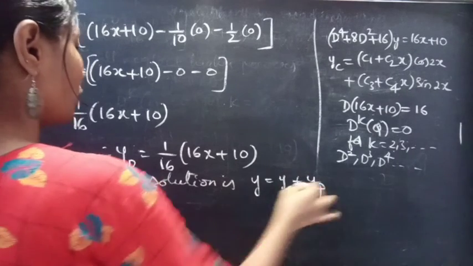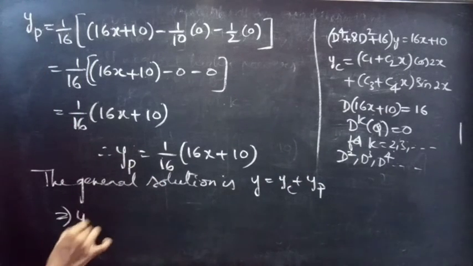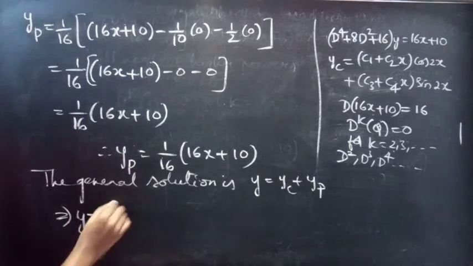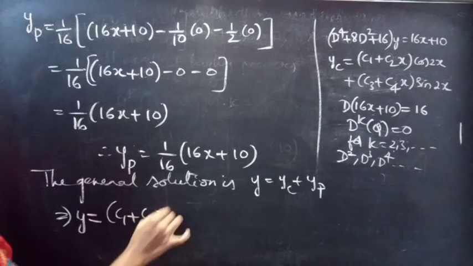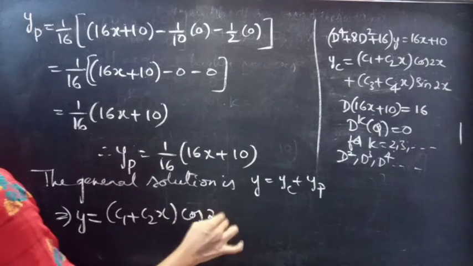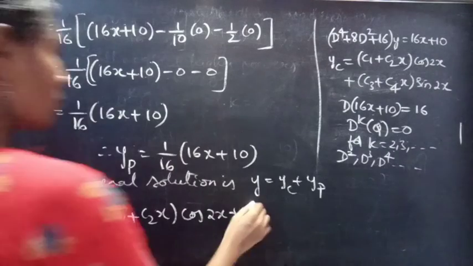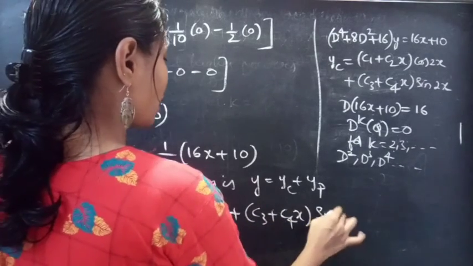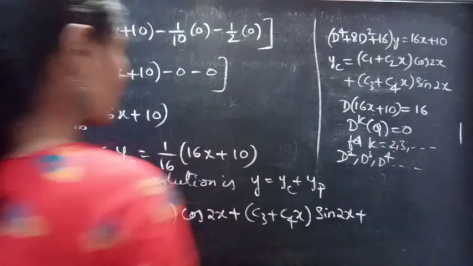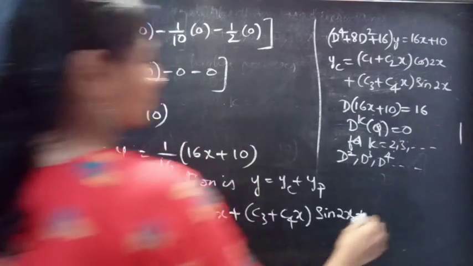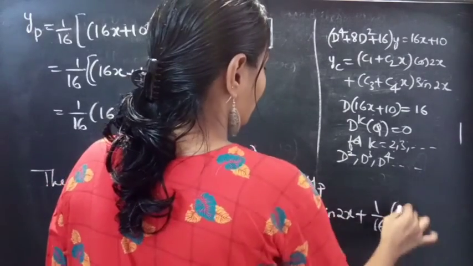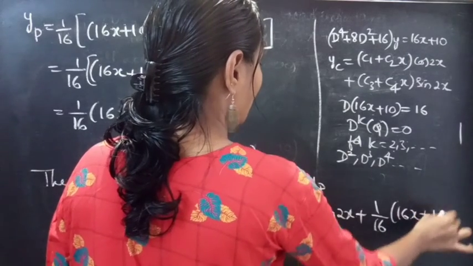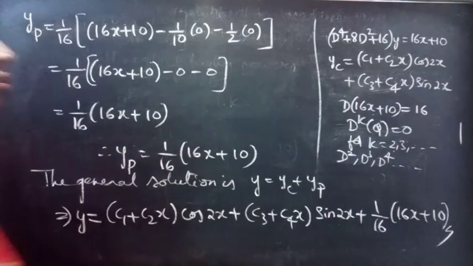Then y equals, we have yc, c1 plus c2x into cos 2x plus c3 plus c4x into sin 2x, plus yp, 1 by 16 into 16x plus 10. This completes the problem.